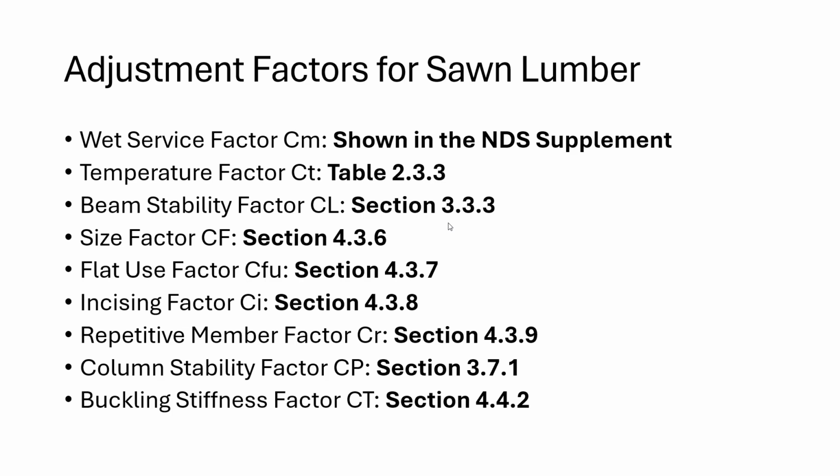But for example, for this beam stability factor, you have to consider the E prime minimum. You get this from the supplement, but it's the minimum modulus of elasticity for that particular species. And then you'll run that through the adjustment factors in the table, as well as the bending adjustment factor. While you have to leave some factors off, you've got a lot of pieces to the puzzle, and this is just for one factor.